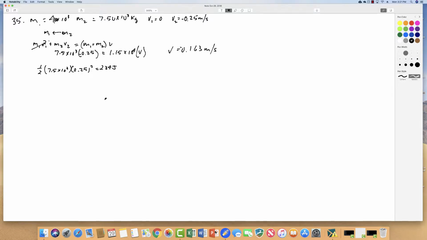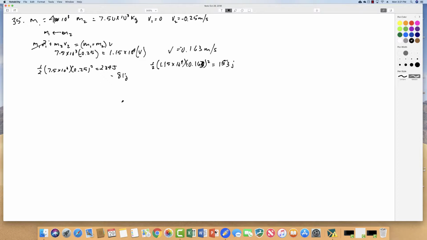And then after the collision, you got 1/2 times the new mass, 1.15 times 10 to the fourth, times 0.163, negative, squared. But the negative doesn't matter because we're going to square it. And that's going to be 153. If you subtract these two from each other, you lose 81 joules. You start out with this many joules and you end up with this many joules, so you lose 81 joules.